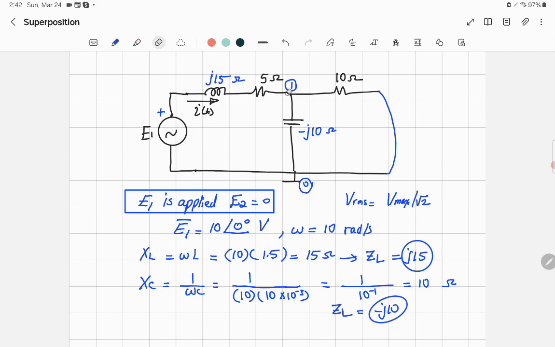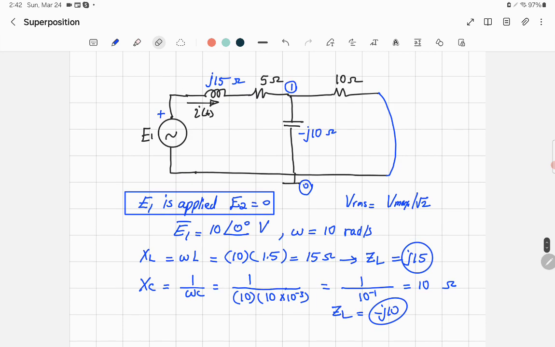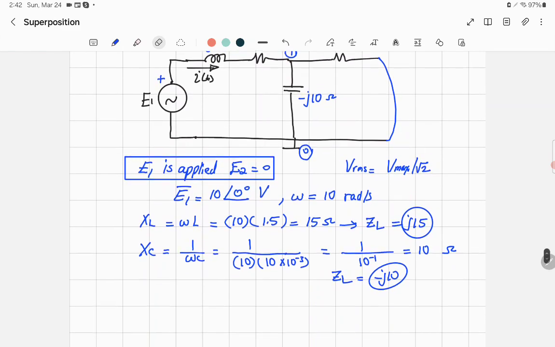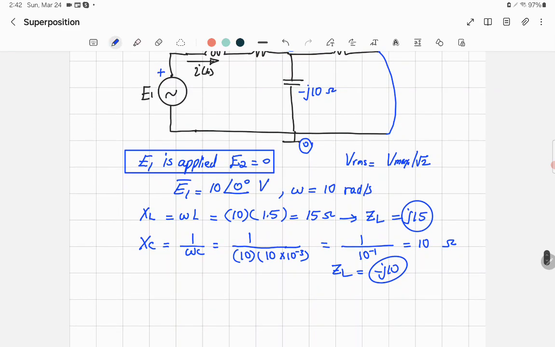So between node 1 and 0, you have a capacitor and the 10 ohm resistor. Both are connected to the same two nodes, so they are in parallel and have the same voltage. So you find the equivalent of these two impedances. They are in parallel, so how will we do that? Let's call it Z1, for example.